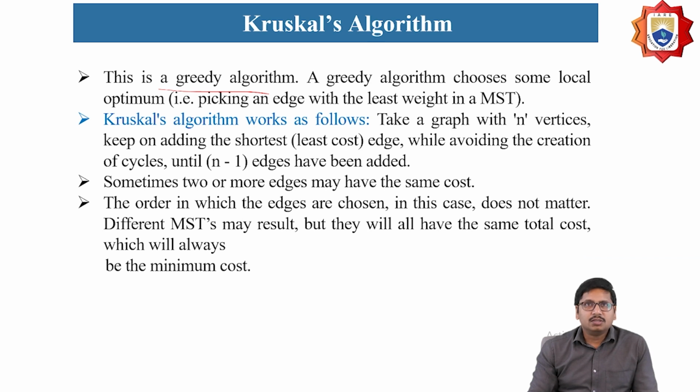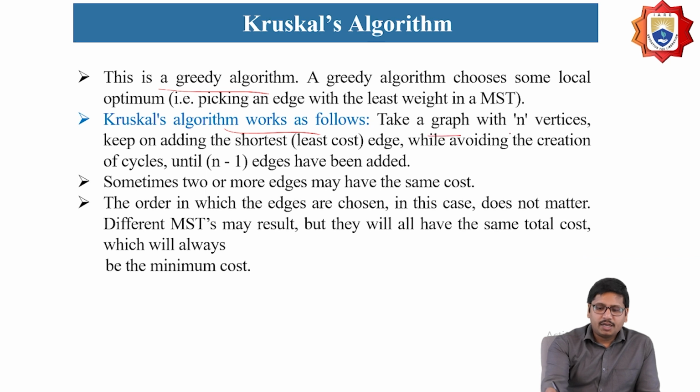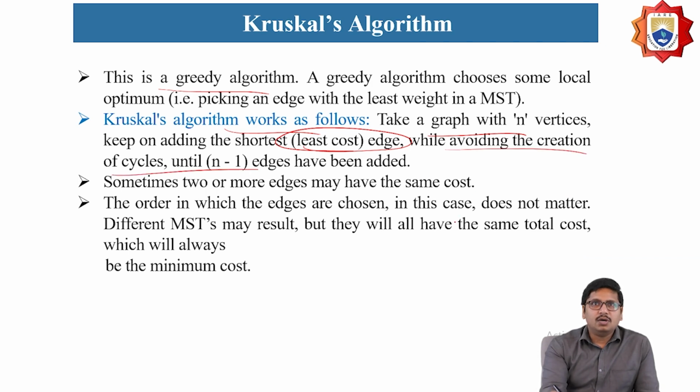How does Kruskal's algorithm work? Take a graph with n vertices and keep on adding the least cost edge, while avoiding the creation of cycles, until n minus 1 edges have been added.